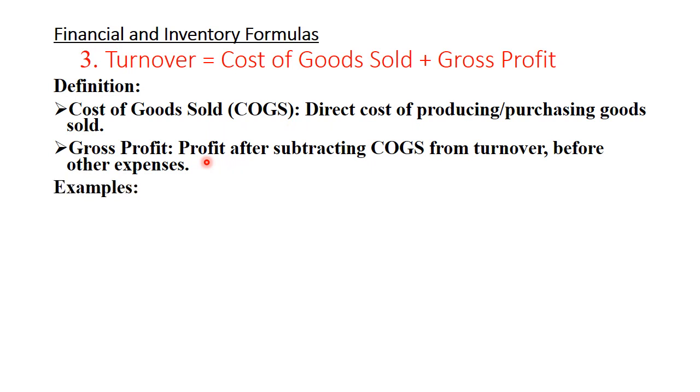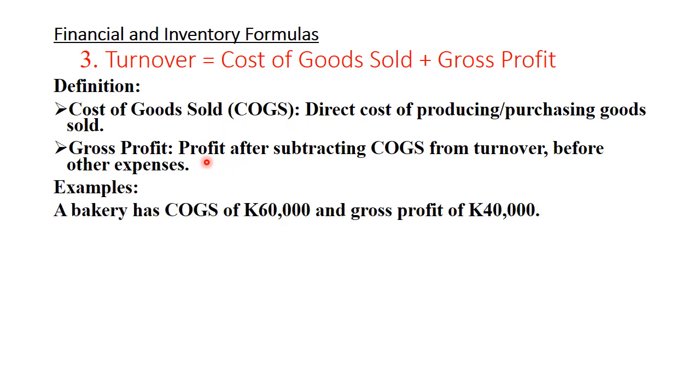Okay, so here's an example. A bakery has cost of goods sold of 60,000 and a gross profit of 40,000. So the turnover is just the cost of goods sold plus the gross profit, which is 100,000.